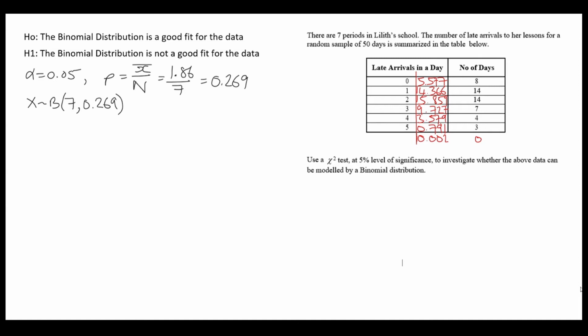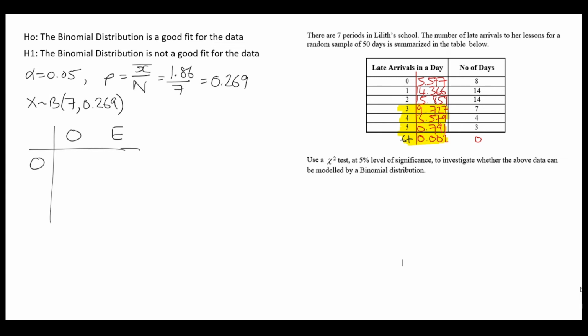As usual, we're going to look at these expected values and just ensure that they're all above 5. If not, we're going to need to do some merging. So the bottom 3 are all below 5, and even if we merge them, it wouldn't be big enough. So we do need to merge all 4 of these together. We're going to group these all together and use that to calculate our test statistic.